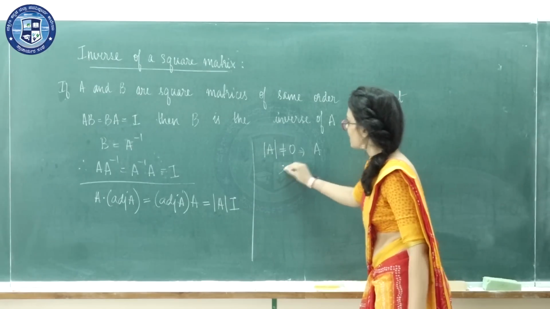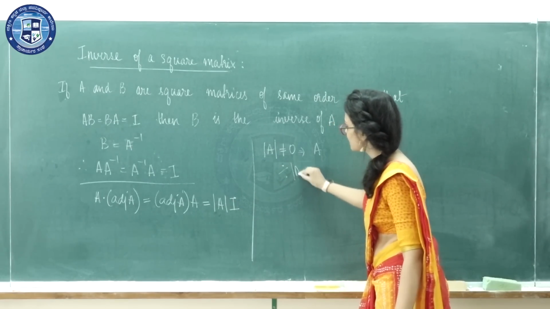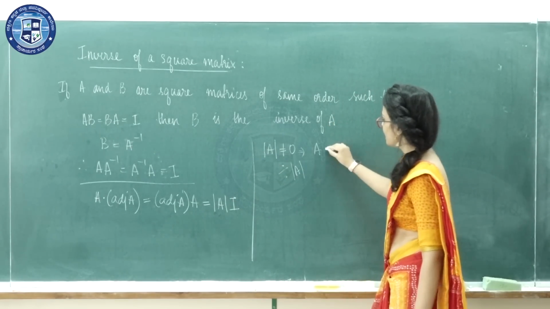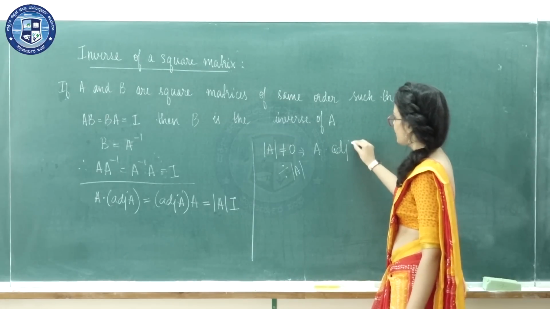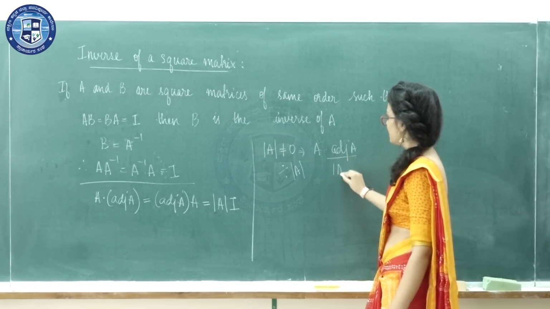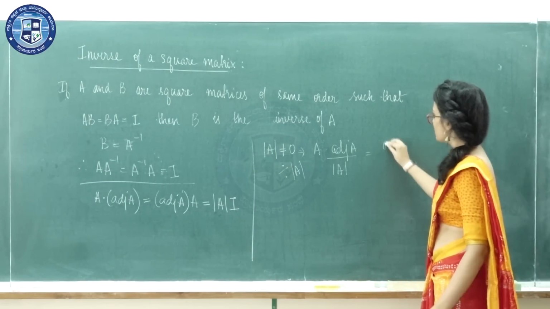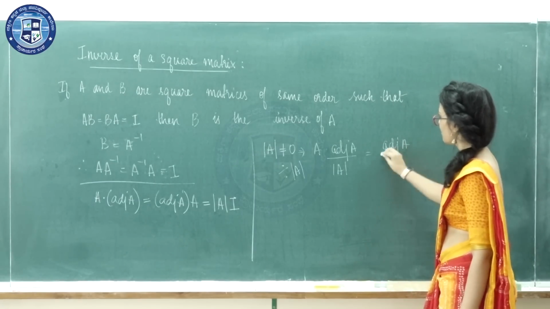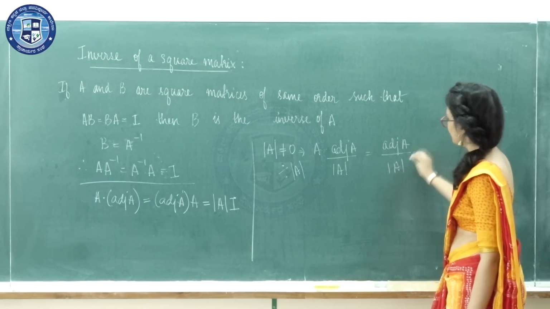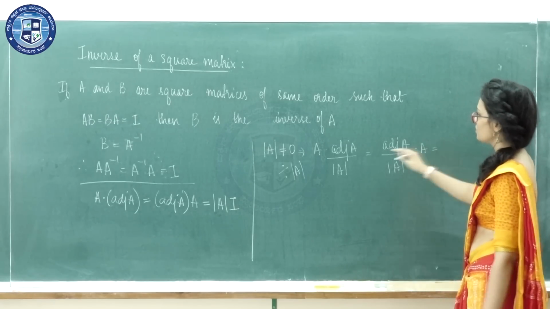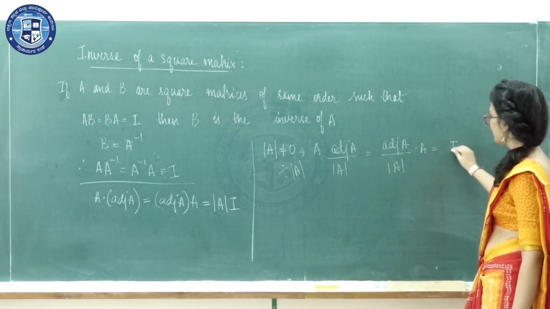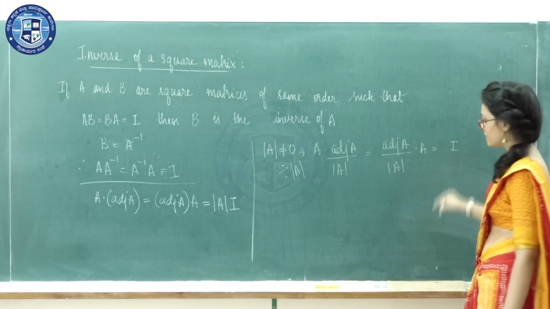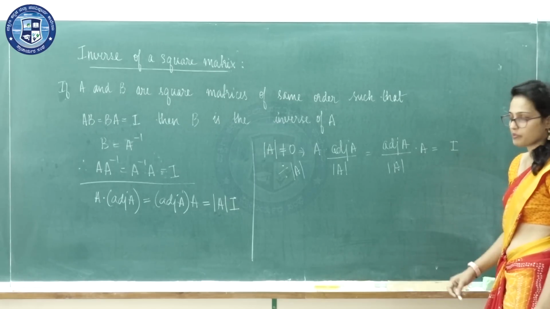Okay. So, we are dividing the equation throughout by determinant of A. So, A into adjoint A divided by determinant A is equal to adjoint A by determinant A into A is equal to determinant A into I divided by determinant A, that gets cancelled. So, I will remain. Okay.